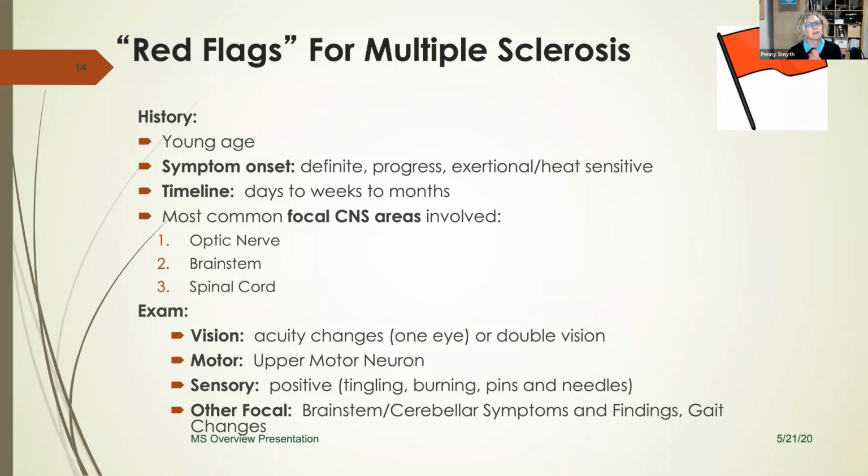It often worsens with exertion and heat. We try and focus it down. There are some more common areas that we try and localize our symptoms to. And we try and ask a history about whether they're having trouble with weakness on one side, tingling, double vision, things like that.